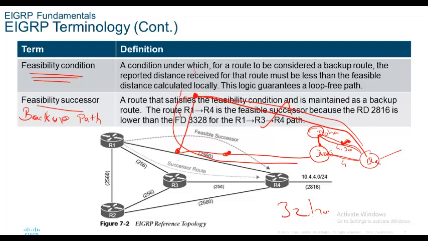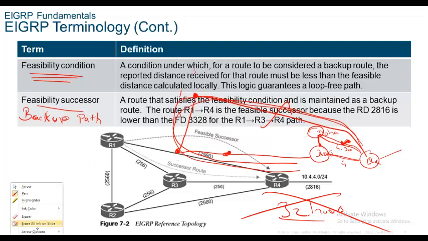Now this is for electing a backup path. This is to understand how a backup path, a feasible successor, is elected.